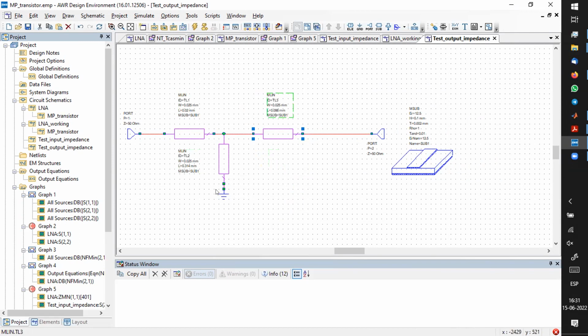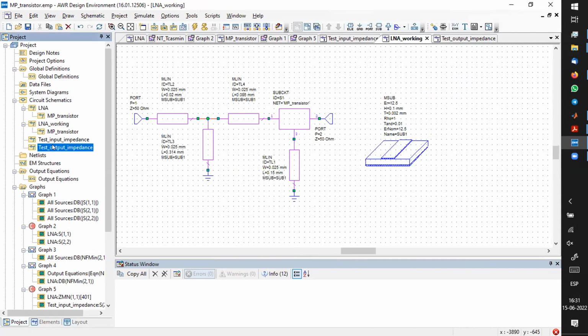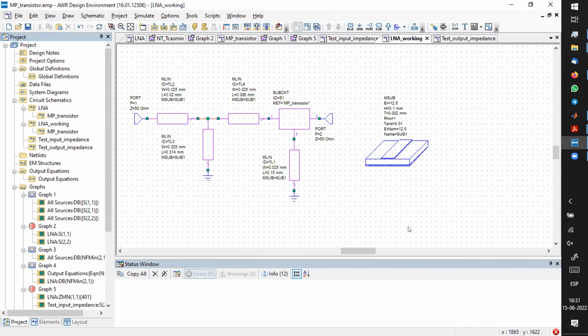You need to start from the last transistor output. There, you are now there. So now you start adding stuff in the LNA working. You will move there, right? I like this one. Go to the LNA working. Yeah, so now if you add here, at the output, a series line.